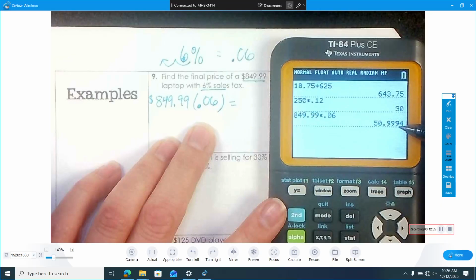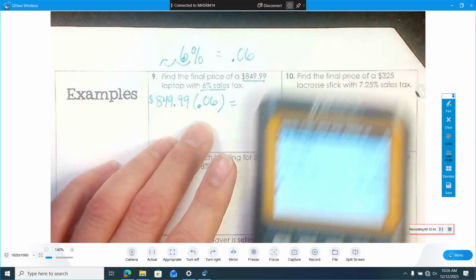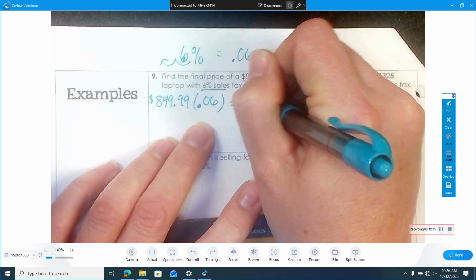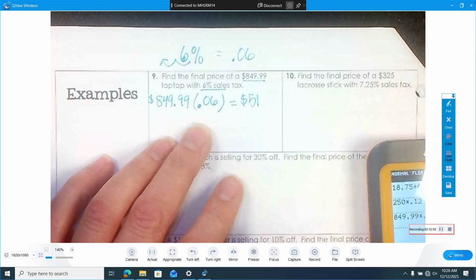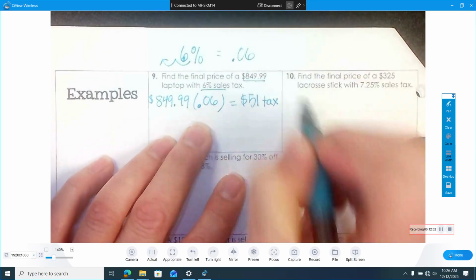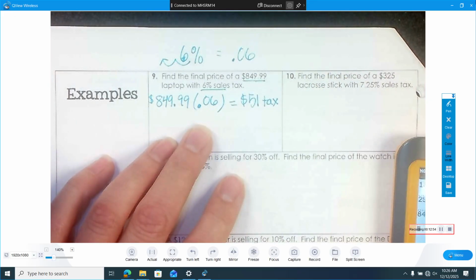This 9 way out here causes the 99 cents to round up to a whole dollar. So it becomes $51. That is the tax they're going to add to our bill.